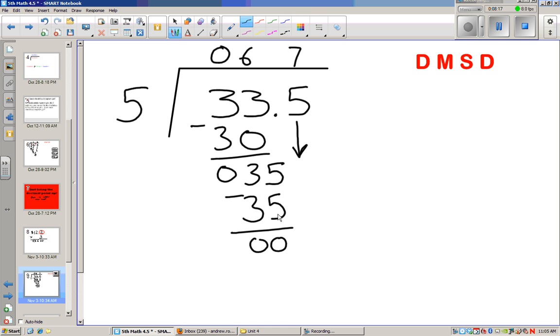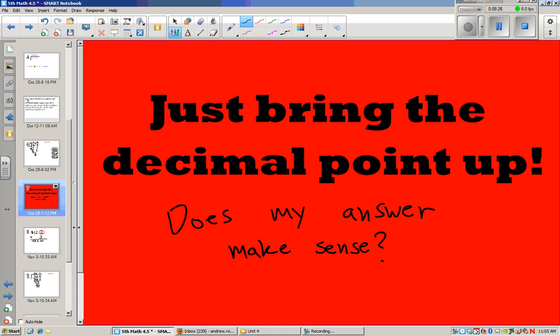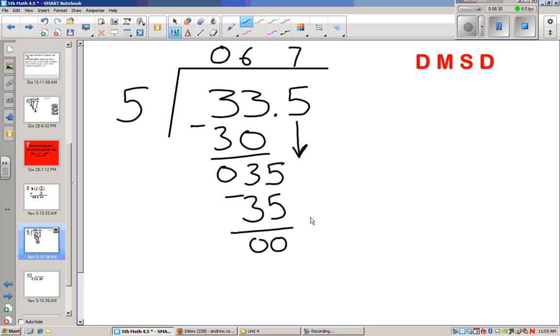So now I got to look up here, and I have to remember that I got to put that decimal point back in. And the easy thing is I just bring the decimal point up. So I'll go to my problem, and I'll just bring my decimal point up. And then my answer becomes 6.7.